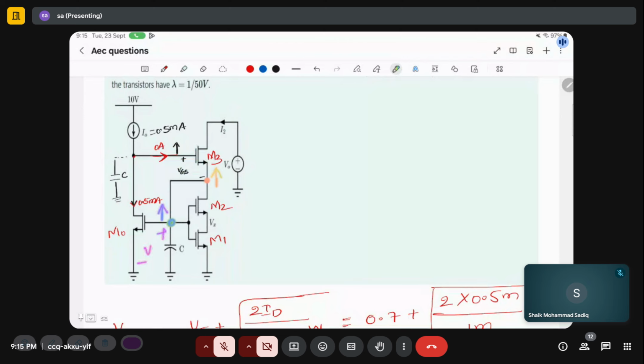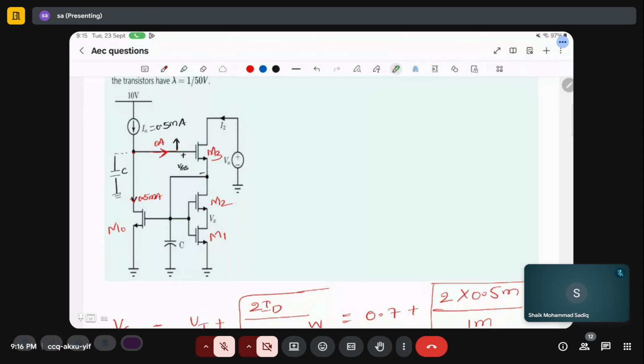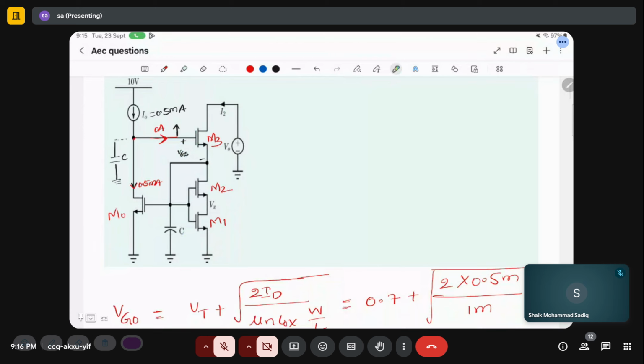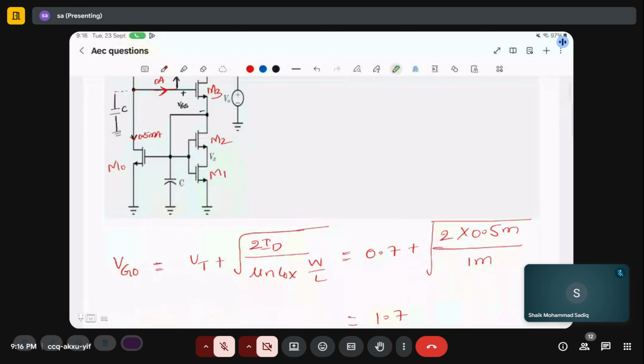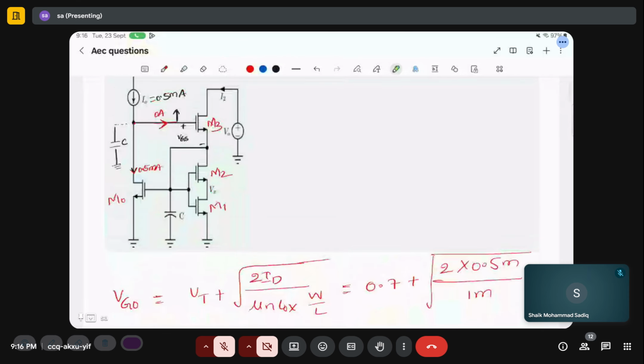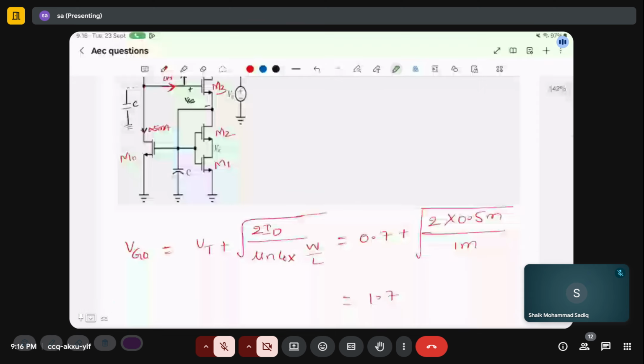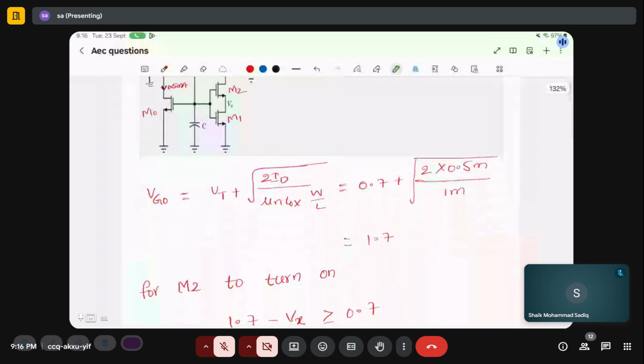This will provide VGS for transistor M0, and the 0.5 milliamps of current will flow in M naught. Is it fine? Yes, now understood. Now we know there is a feedback, and the current flows in M naught. So from this we can find out the VGS of M naught.